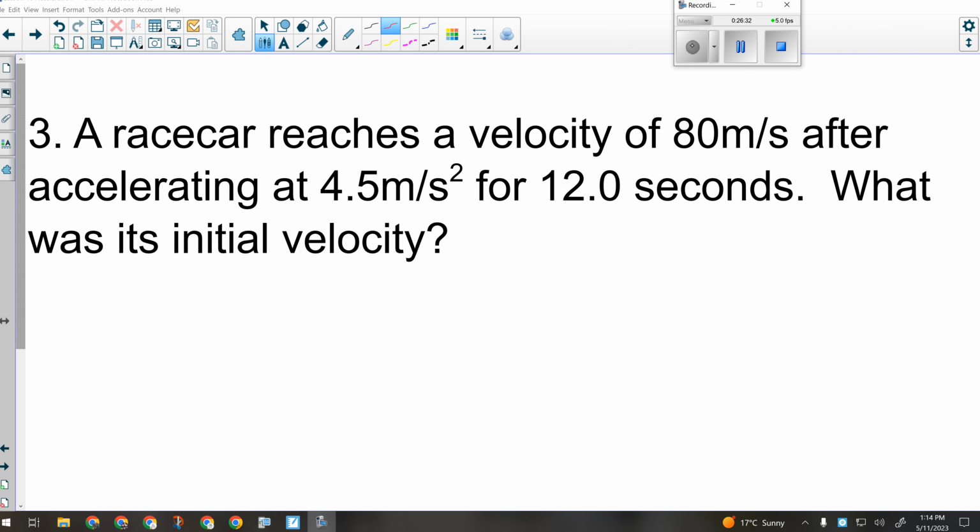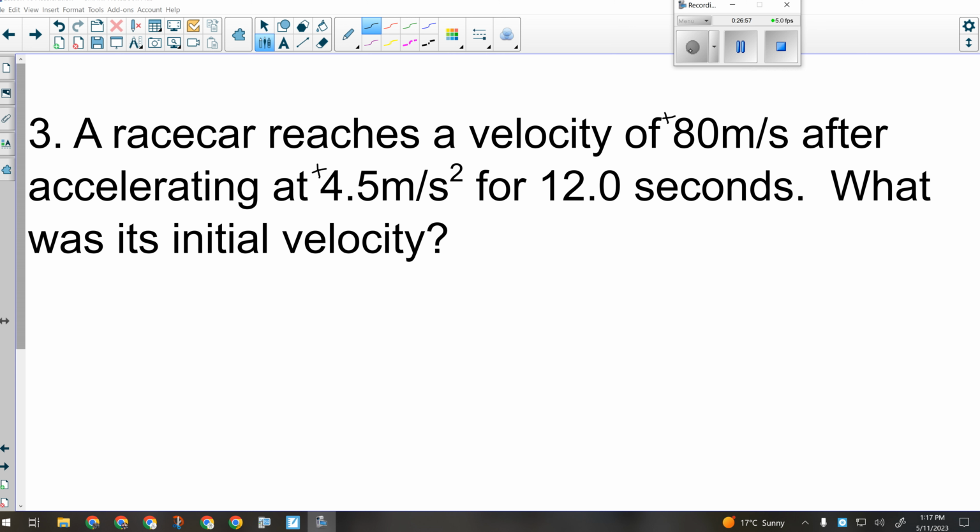So you've got a race car that reaches a velocity of 80 meters per second after accelerating at 4.5 meters per second squared for 12 seconds. What was its initial velocity? And we will add that those two numbers are positive. Like I said, this one's a bit easier because there are no contextual tricks to it.